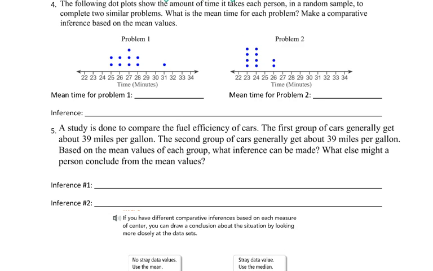Now on this one, I'm going to show you the fastest way to type it in as long as you're using a scientific calculator. You see how we have 2 25s. So instead of typing in 25 plus 25, I'm going to type in 25 times 2 plus 26 times 2 plus 27 times 3 plus 28 times 2 plus 31.